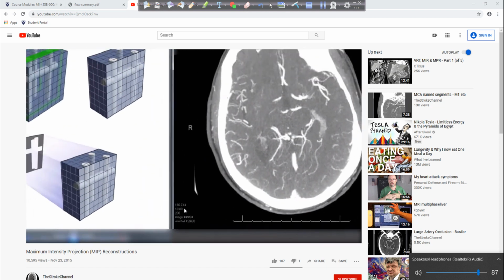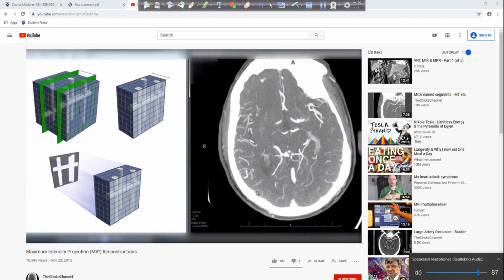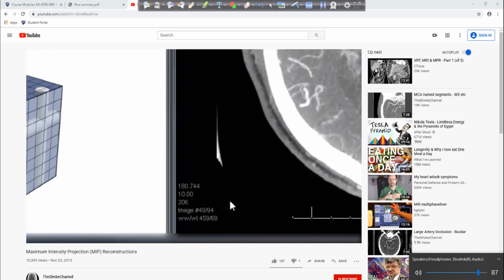And what we can see is that we're not, in this case, moving this 10 millimeter thick slab by 10 millimeters each time. Instead, we're moving the center of it smaller, and that smaller can vary according to the protocol that's used. In this case, it says 180.7 position, and we move one section away on a stack of slices.